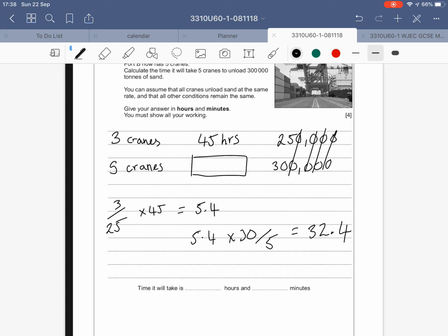So it will take them 32.4 hours. Now you can work out that in minutes and hours if you want to, or really easy, as soon as you've got this in your calculator, press the time key. It's just above the ENG key, like a degree symbol and then a couple of marks. So you should get 32 hours and 24 minutes.